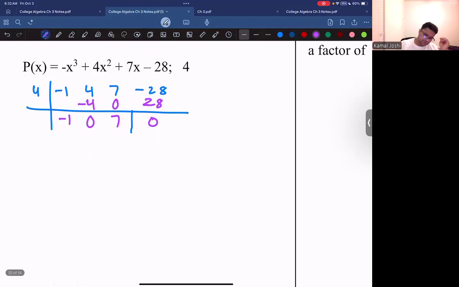So that means I can say my polynomial p of x is x minus 4 times minus x squared plus 7.